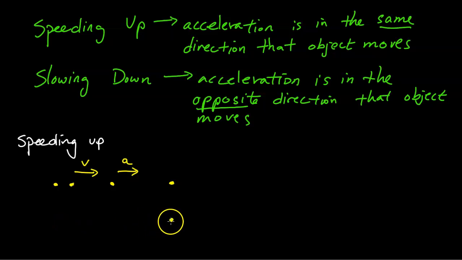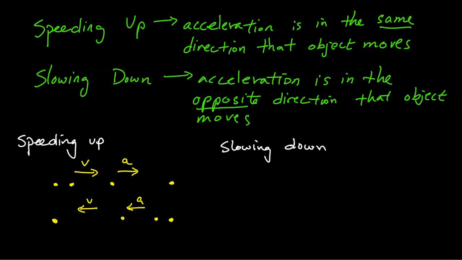So the dots are getting farther and farther apart. The velocity is towards the left, and the acceleration will also be towards the left because it is speeding up. So anytime it's speeding up, the acceleration will be in the same direction as the velocity, which is the direction that it's moving.